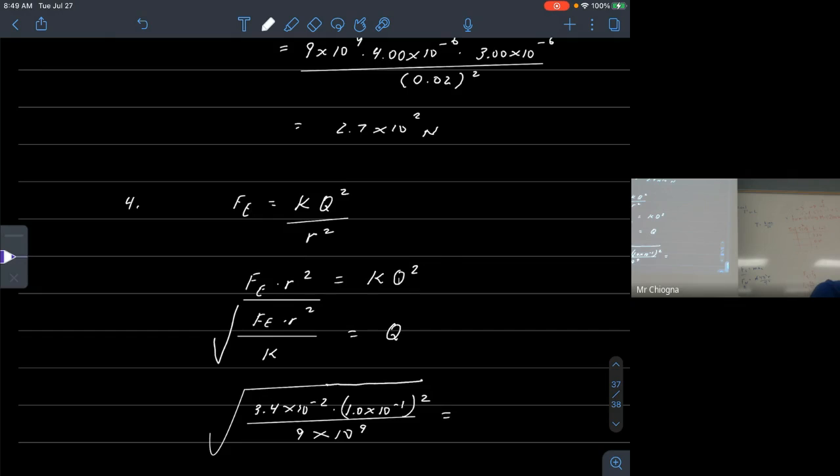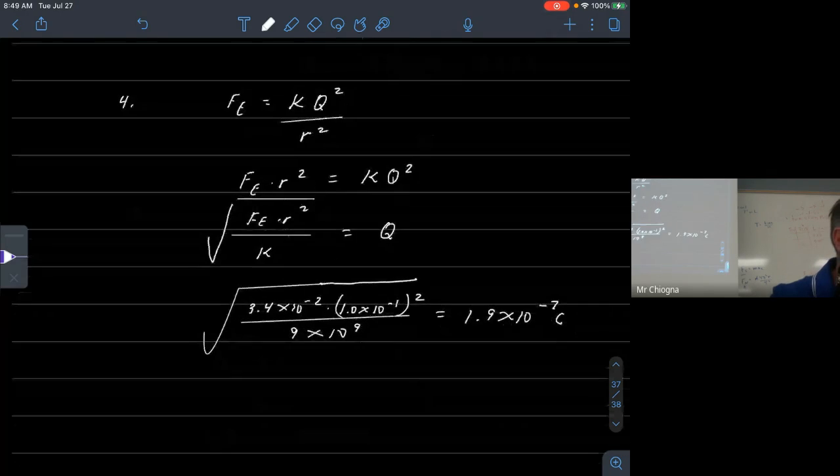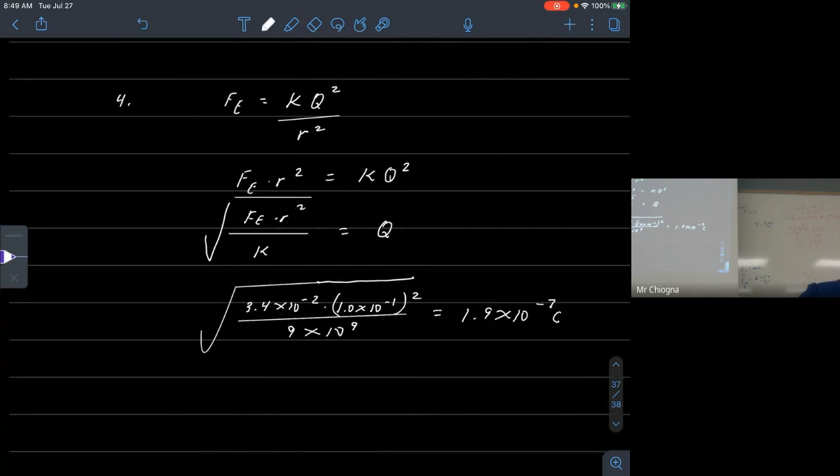Q works out to be 1.9 coulombs, remember coulombs. 5.